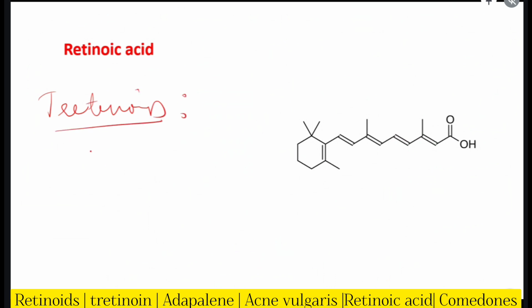Initially when tretinoin is applied on the skin, it causes erythema. Red skin is seen, and it causes dryness or dry skin. However, the prolonged use will decrease this ADR and it will improve the skin condition.